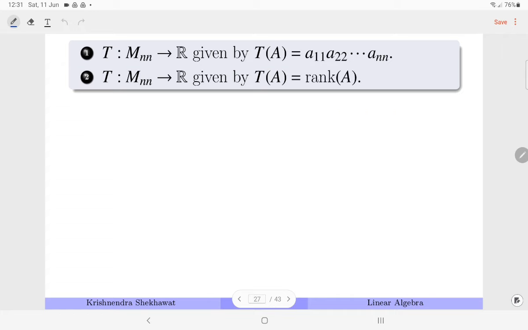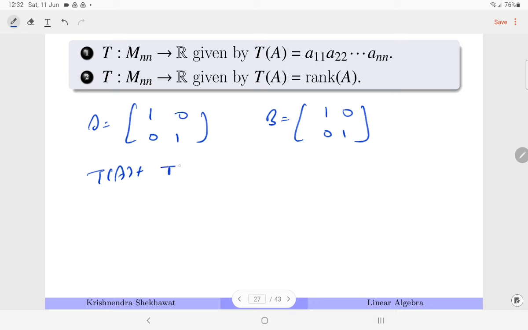This one is interesting and easy to prove. So again I will give you a counterexample. Let us consider A is [[1,0],[0,1]], B is also [[1,0],[0,1]]. So T(A) + T(B) is rank A plus rank B. Both have rank 2 and therefore it is 4.